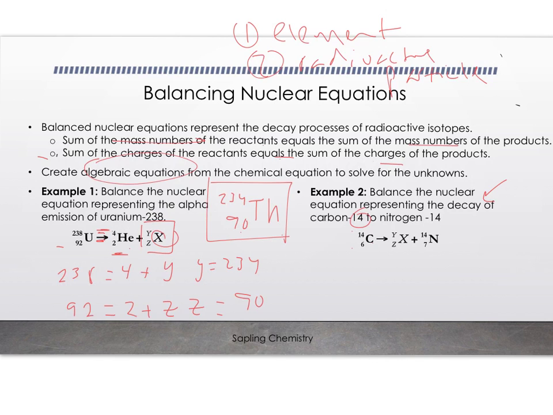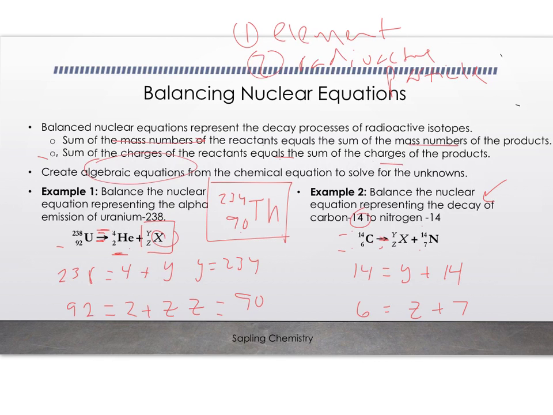Remember, those are the mass numbers. That's why 14 is on the top and the atomic number 6 is on the bottom, and it's going to decay into nitrogen-14, where 14 is the mass number, and now it has an atomic number of 7. Again, I set the masses equal to each other using my algebraic expression, and then you set the bottom numbers equal to each other.